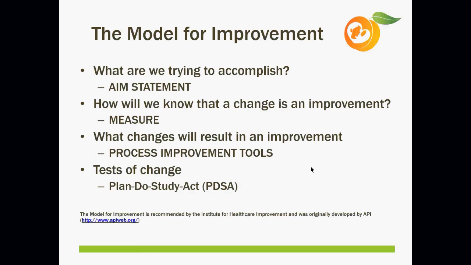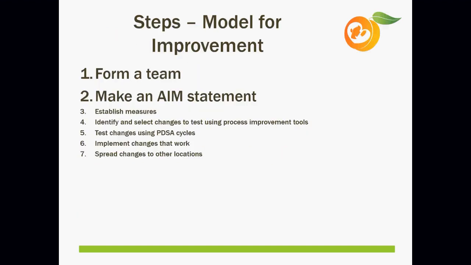So what can we do to improve things? So this takes us to the process improvement tools. What kinds of things can we do to make an improvement? And the fourth component is we need to test these changes through something like the Plan, Do, Study, Act, which I think all of you are familiar with. So that's just an outline of the model for improvement.